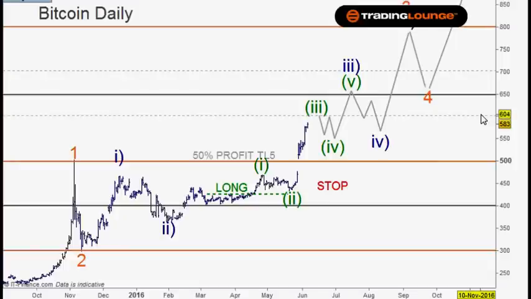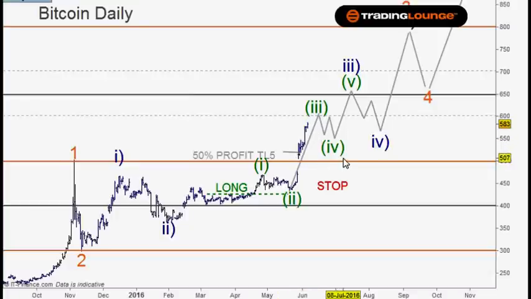We can expect some resistance from the 580 to the 600 area for a wave 4 that should pull back 38.2% of the 3rd wave, and we're not going to worry about that. We're just going to hold through that. We've already locked in a nice profit in this space, and we'll let the rest run.